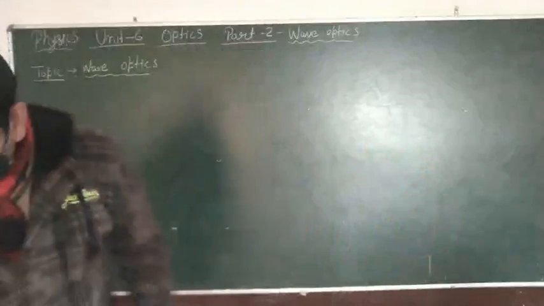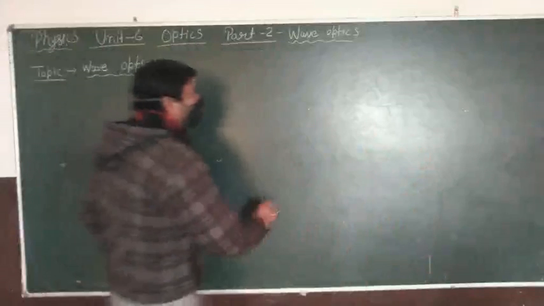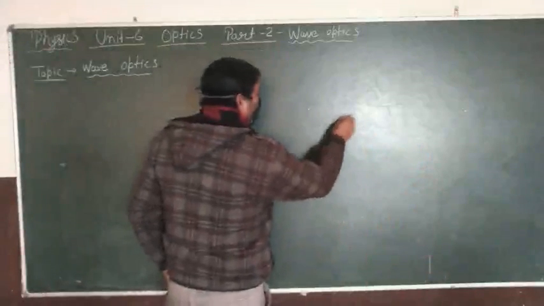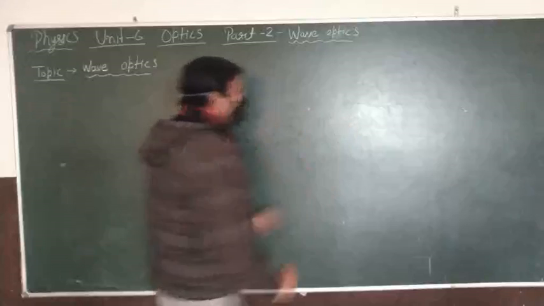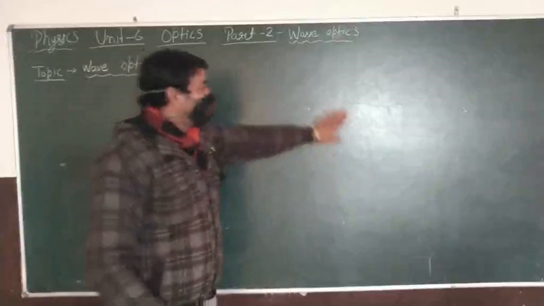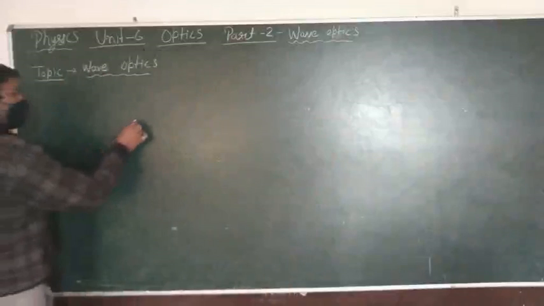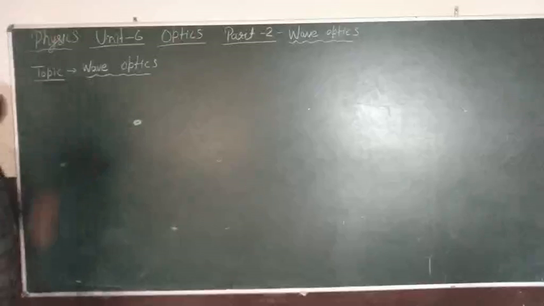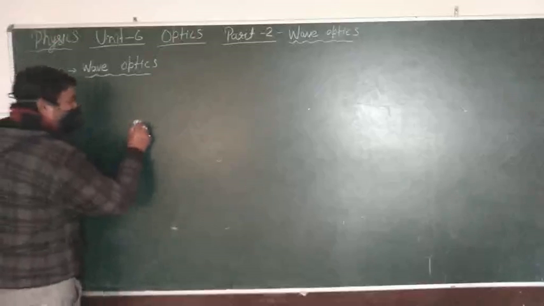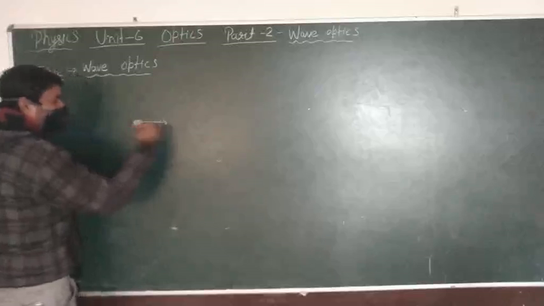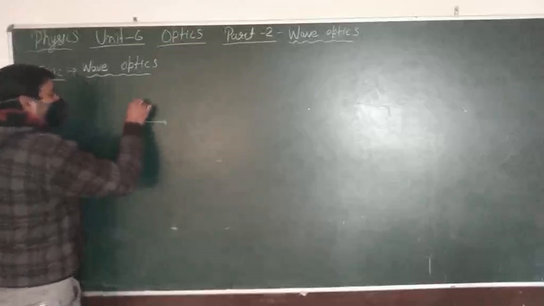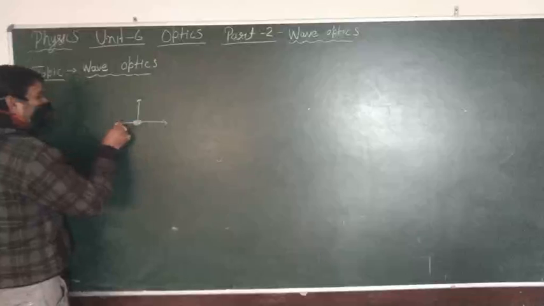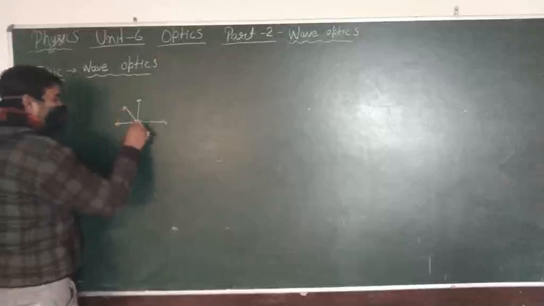According to him, suppose we have a point source of light, then it will illuminate the light energy in all directions like this.